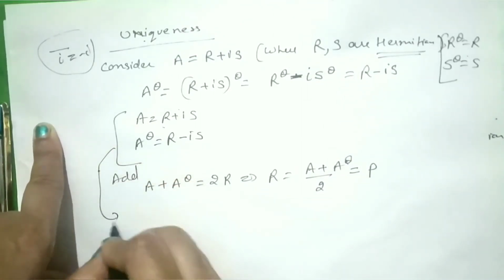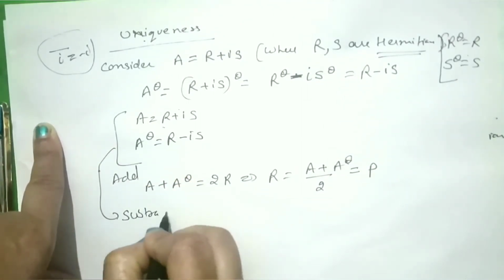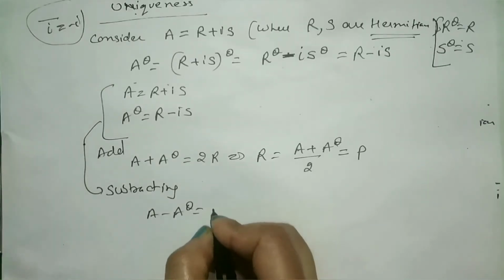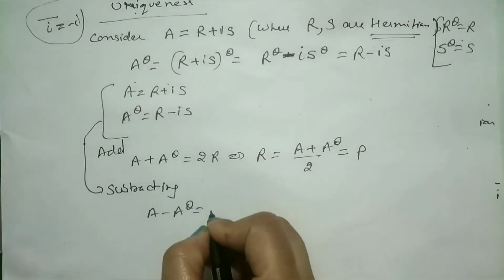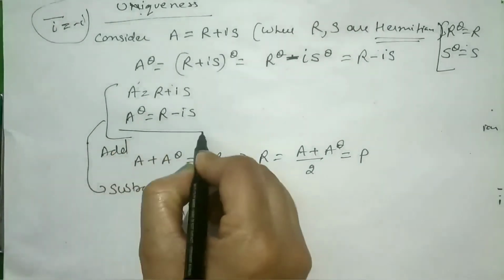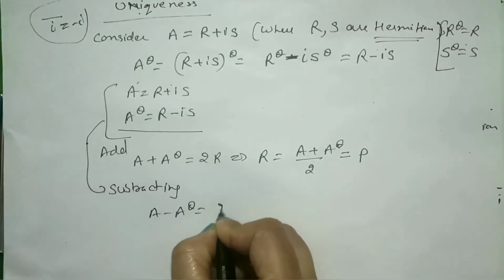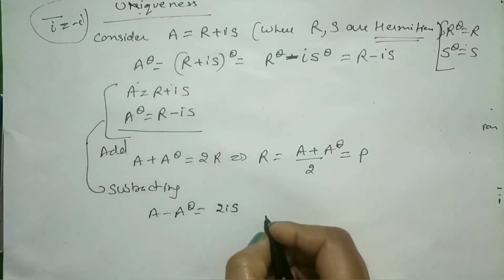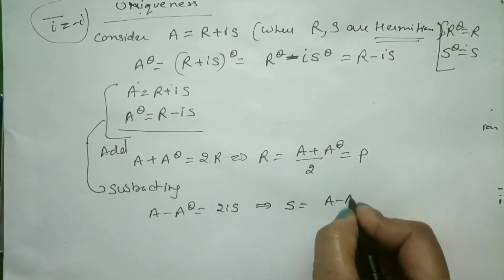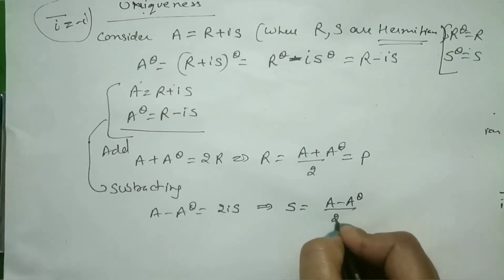Similarly, if we subtract these, we get 2 iota S. So that means we calculate S as A minus A theta upon 2 iota.